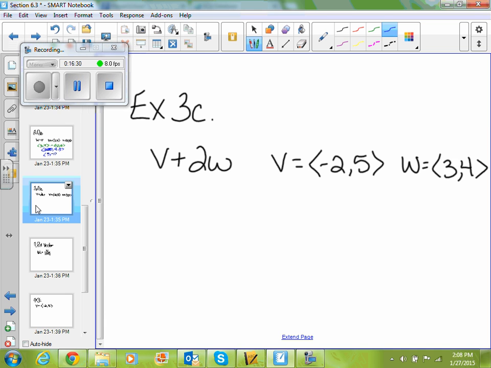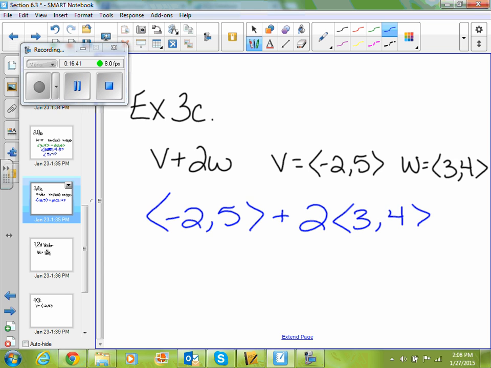Okay, so if I go with v, -2, 5 is my v, plus 2 times my w, which is 3, 4. Okay, so I'm going to distribute the 2. 2 times 3 is 6. 2 times 4 is 8. So 2w is actually 6, 8.